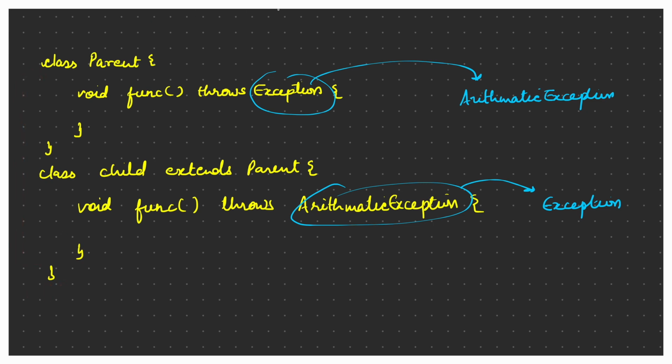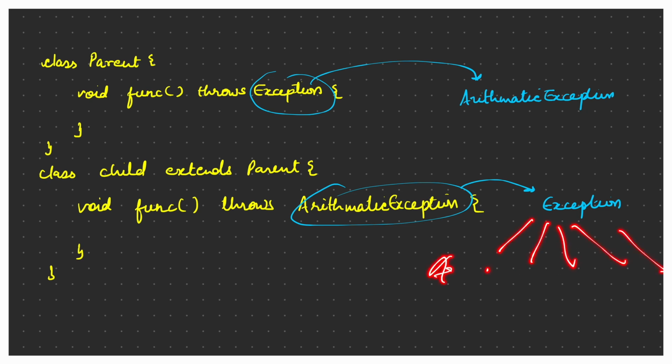Now let's say we change these exceptions. The parent class function throws ArithmeticException, whereas the child class function, which is the overridden function of the parent class, throws this broader exception. Is it possible? It means that we are saying the child class method is capable of handling all the exceptions.